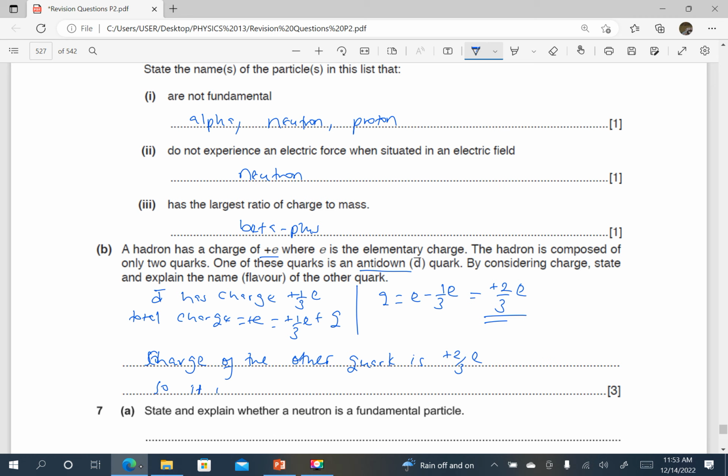It is an up quark, or it can be charm, or it can be top. Any of those. Of course, the most common one is up. We know up, down, and strange mostly. But there's also charm and top.